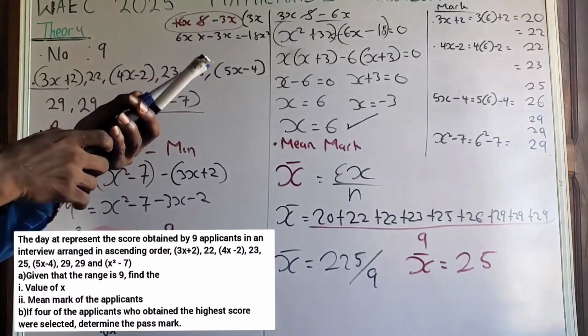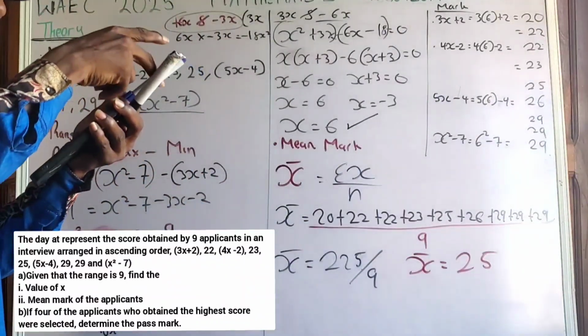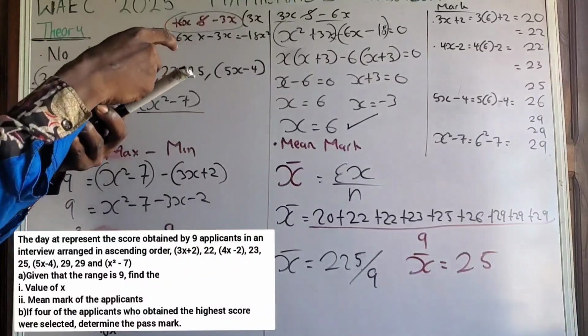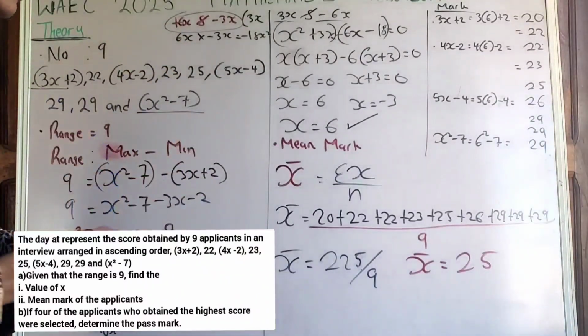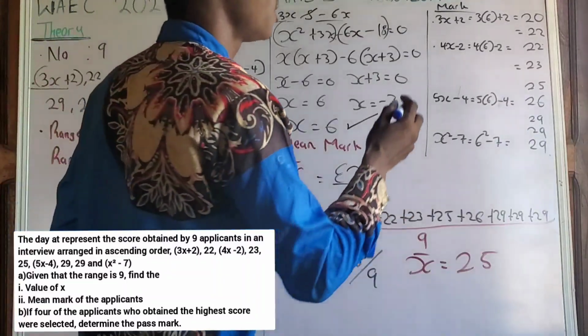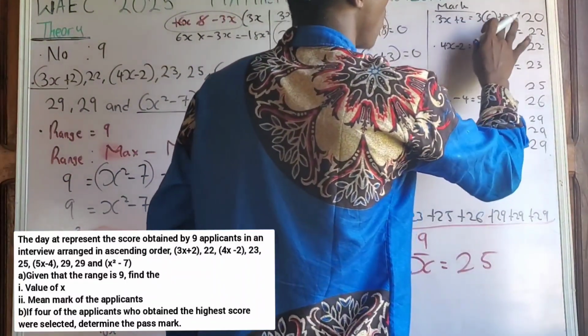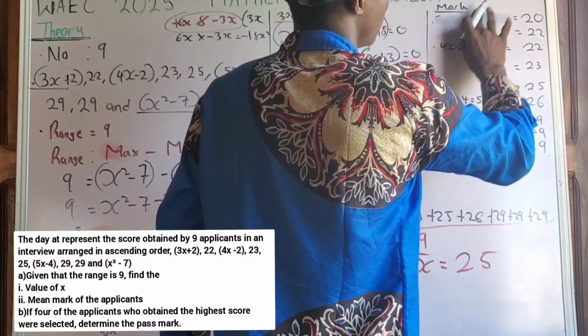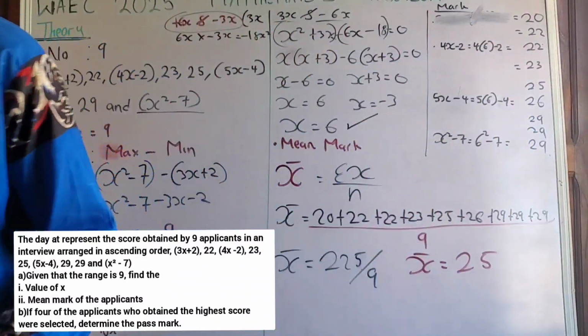The last question says that if 4 of the applicants who obtained the highest score were selected, determine the pass mark. Now listen to me carefully.